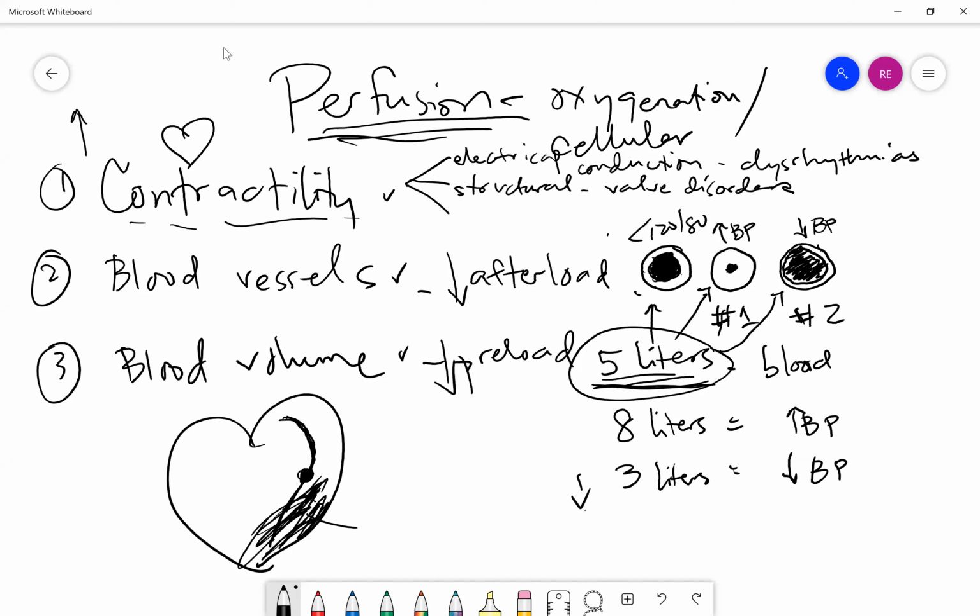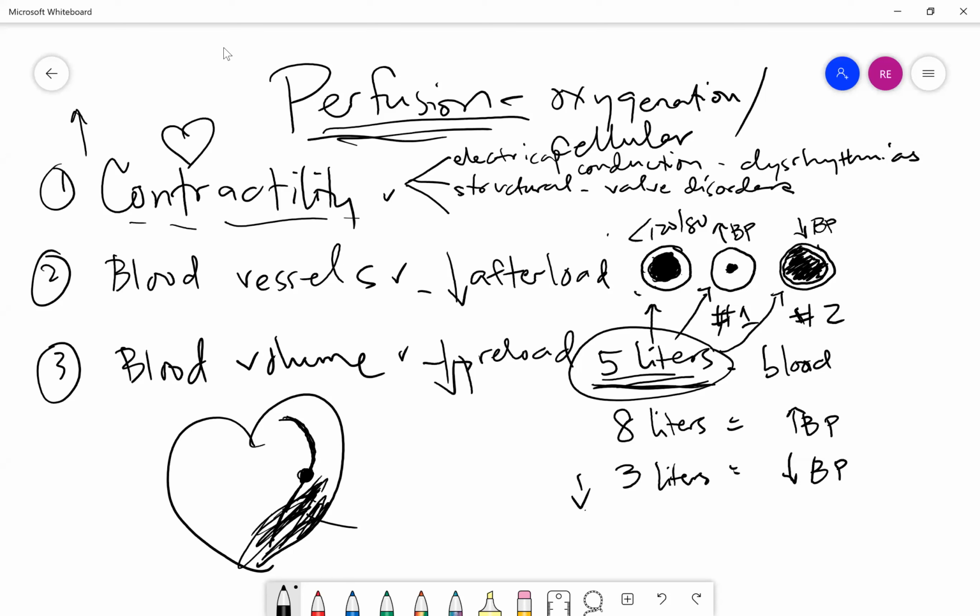We increased it, right? We gave IV fluids or blood products. What about with a patient who had fluid overload? What did we do to the preload for those patients? We decreased it. So do not confuse these.